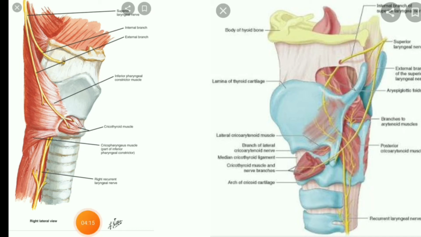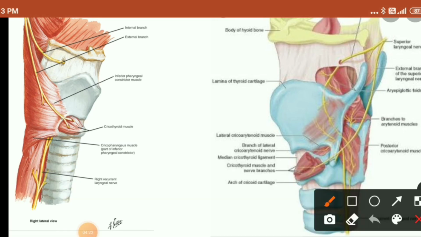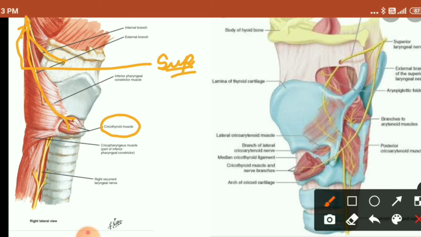From above, the vagus nerve gives rise to the superior laryngeal nerve. This superior laryngeal nerve gives rise to this internal branch, the internal laryngeal nerve, and this external branch, the external laryngeal nerve. This external laryngeal nerve supplies one muscle, the cricothyroid muscle.